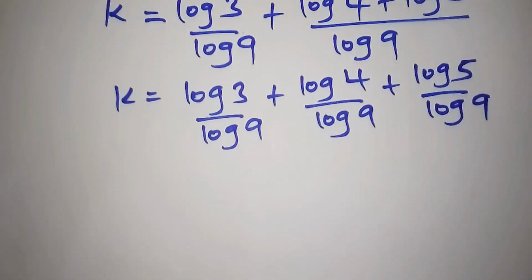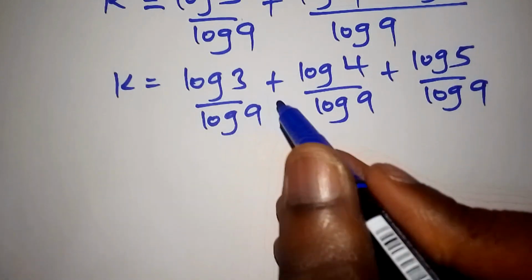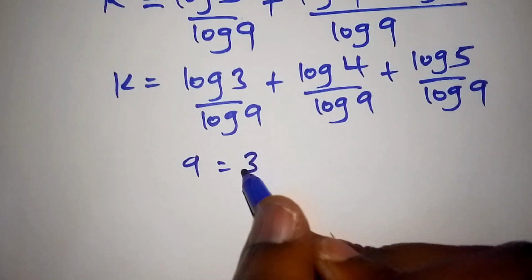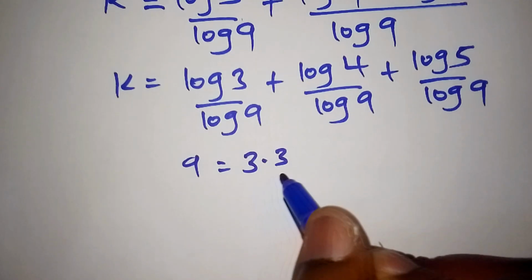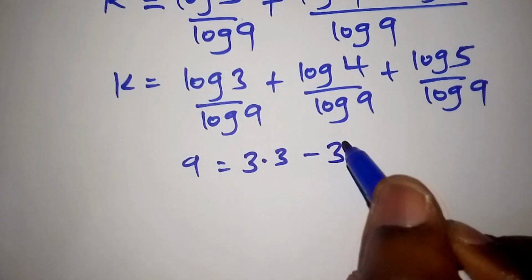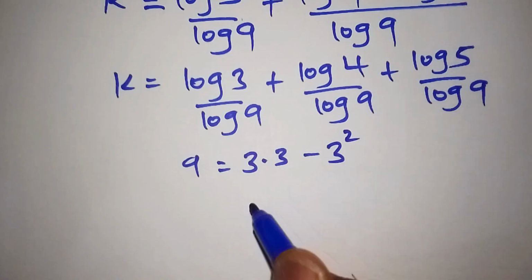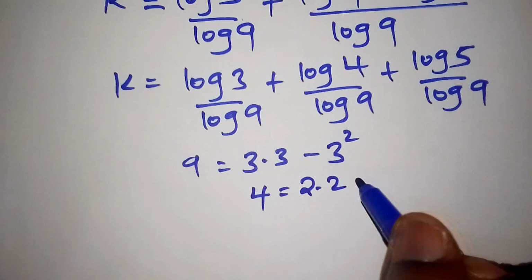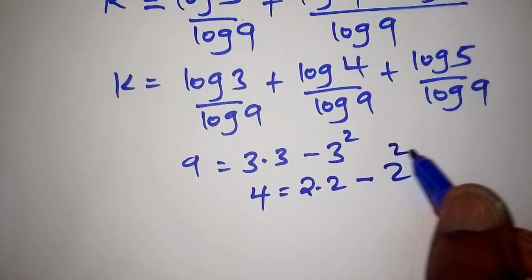Our next step: 9 can be written as 3 multiplied by 3, so this can also be written as 3 squared. Same to 4: 4 is equal to 2 multiplied by 2, so it can also be written as 2 squared.